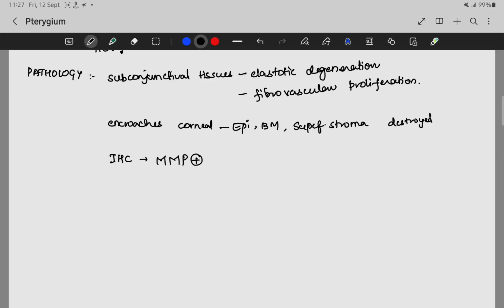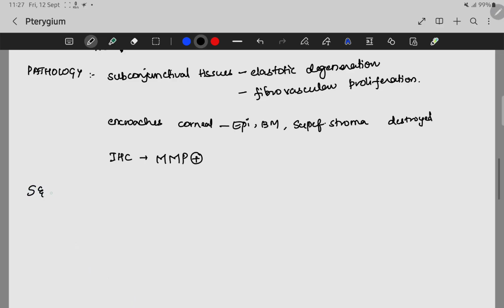Signs and symptoms: there is watering, irritation, foreign body sensation and defective vision. The defective vision is due to astigmatism. We have to remember this.